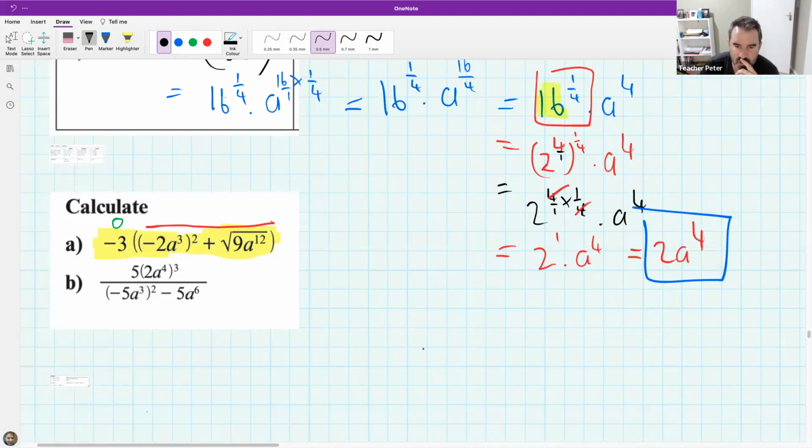So the square root of 9a to the 12. Now, there's actually a quicker way of doing this, is to say, look, the square root of 9 is 3. The square root of a to the 12 is just a to the 6, or divide the power by 2. So this one over here can be handled in just one little deduction.